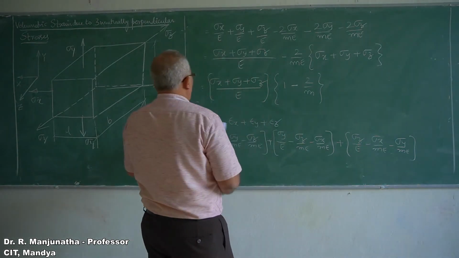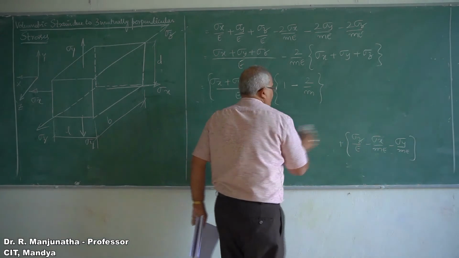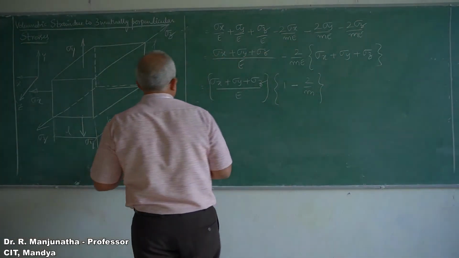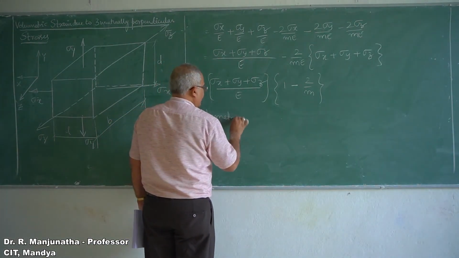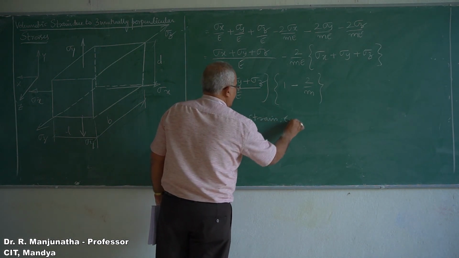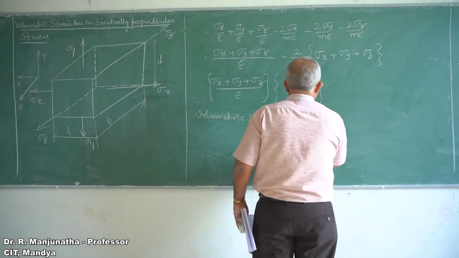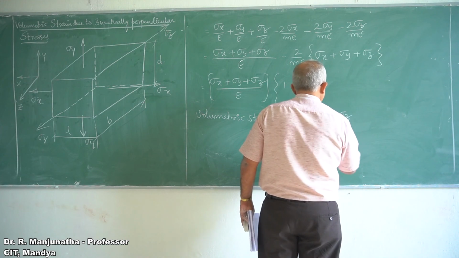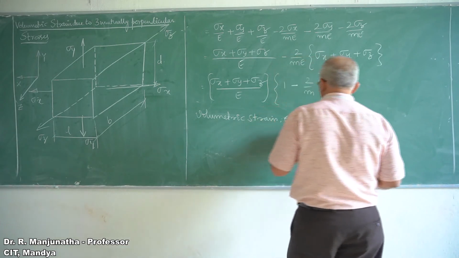Therefore, the volumetric strain epsilon V is given by sigma x plus sigma y plus sigma z by E into 1 minus 2 by m.